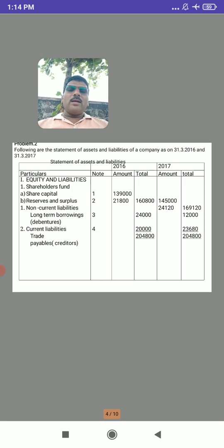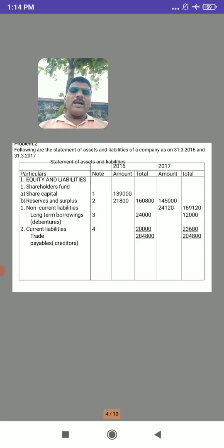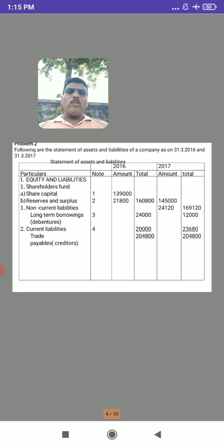So here there is information in particular columns. Shareholders' fund, that is share capital, in 2016 is 1,39,000 and in 2017 1,45,000, and reserves and surplus in 2016 21,800 and in 2017 24,120 rupees.